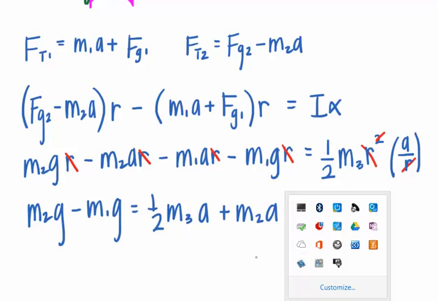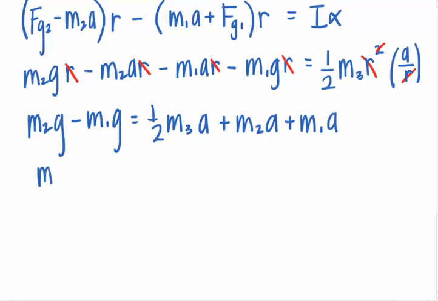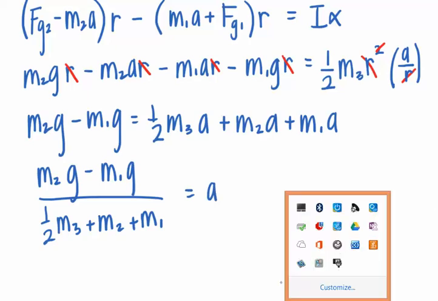All right, so if I wanted to find the acceleration at this point, could we just factor out an A on the right side and divide by the stuff? So could we do M2G minus M1G all over 1/2 M3 plus M2 plus M1 is equal to A?